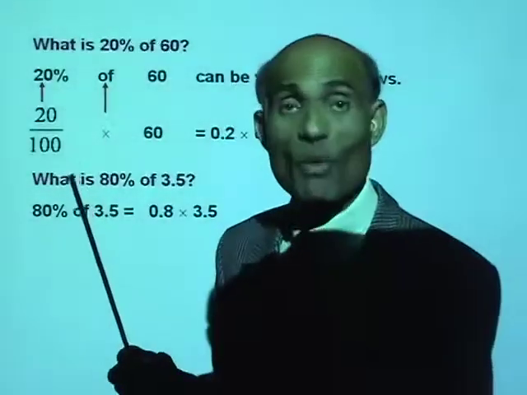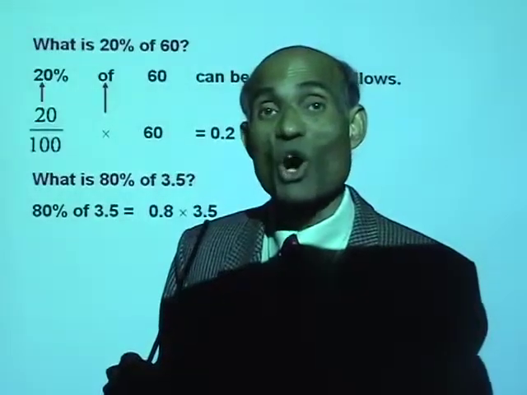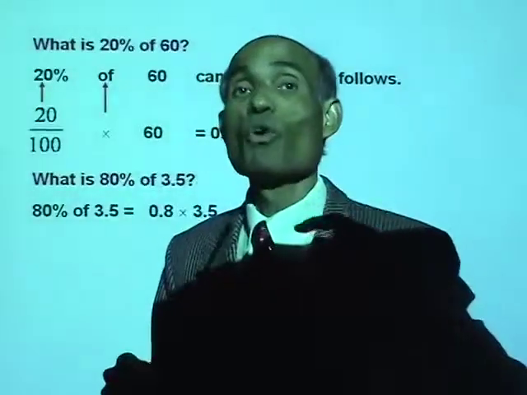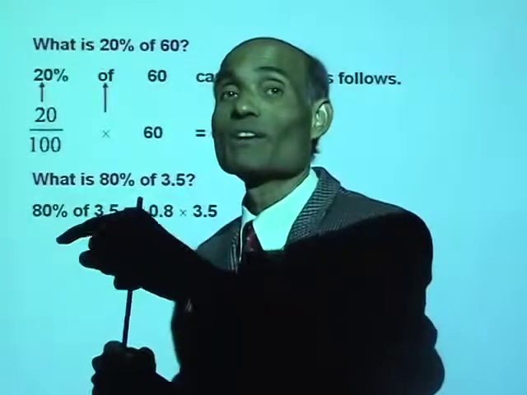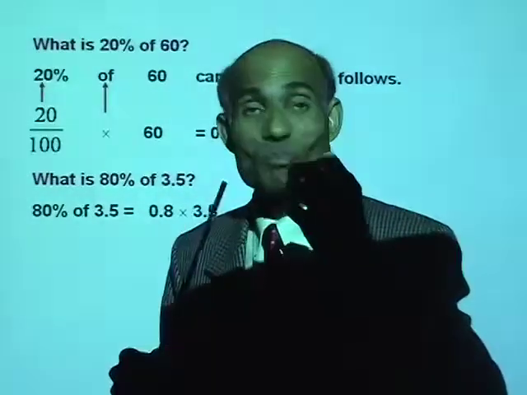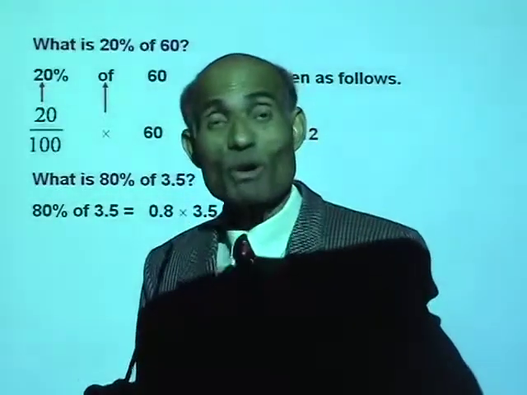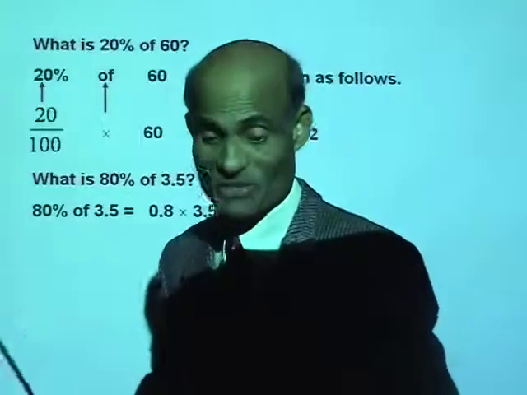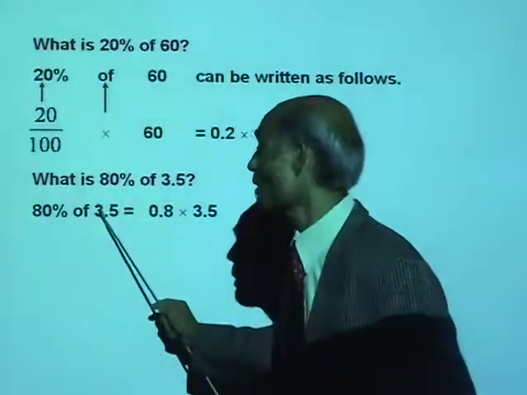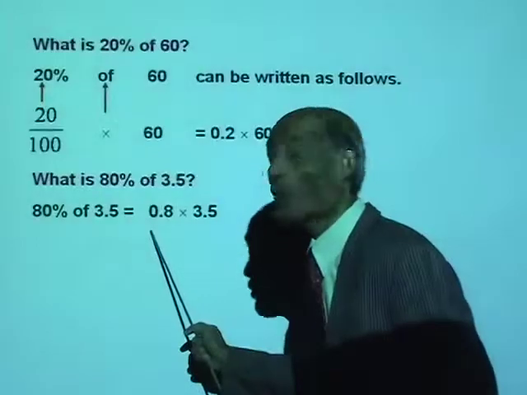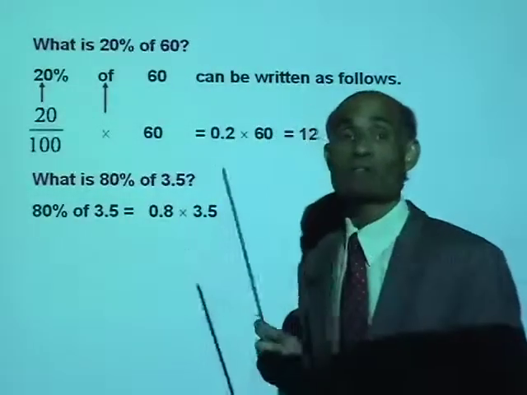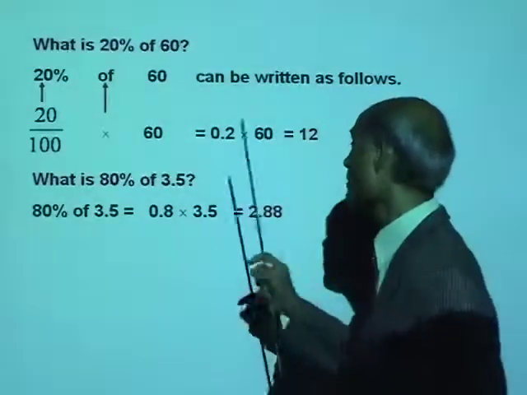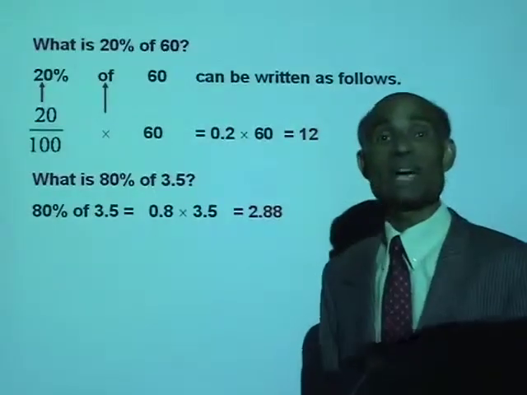Now, can you tell me what is 40% of 60? 40% is 0.4, so it will be 0.4 multiplied by 60. 80% of 3.5 is 0.8 multiplied by 3.5, and that will be 2.88.